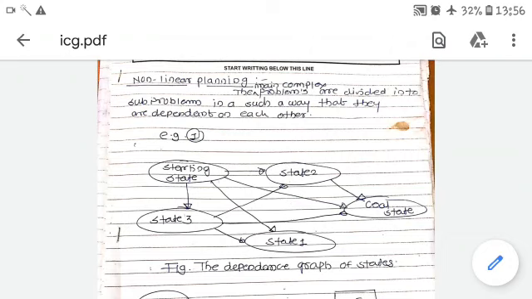Whenever we discuss planning, that planning must be in a proper manner, because in day to day life also, whenever we apply planning in the best way, we get our best result. In artificial intelligence also, if we apply our planning in the best way, we get our best result.